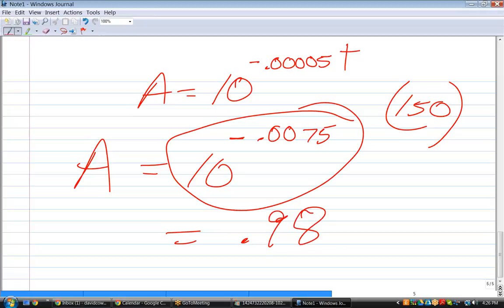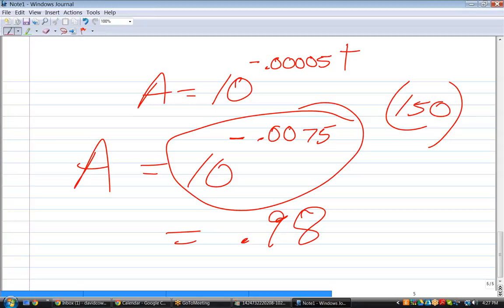So they're saying that in 150 years, the percentage of carbon-14 will be 98% of what it was. Right? Is t in years, or is it in hundreds of years, or thousands of years, or does it say? I think it's just 150 years.